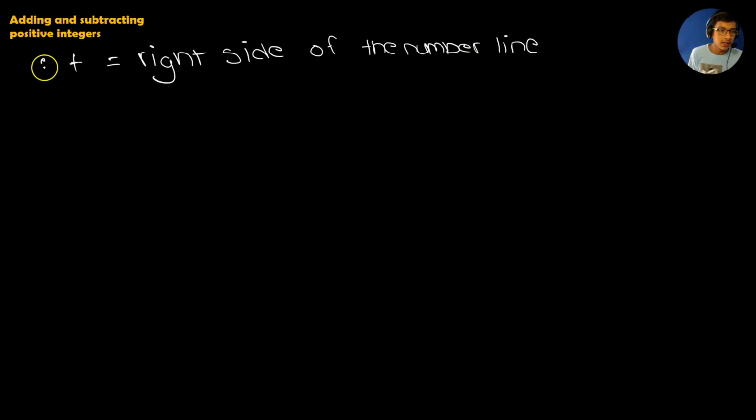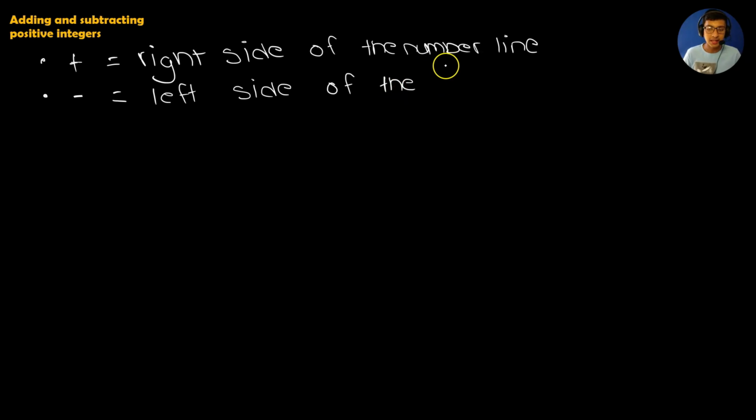And if we are subtracting, then it will be the opposite. It would go to the left side of the number line. It might be a bit confusing at first because you don't know what I'm talking about, but we will see in some examples, and then I think you will finally start to understand.